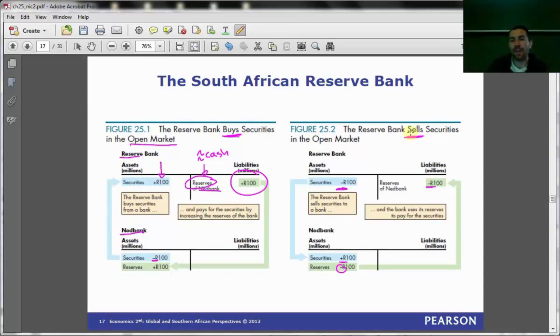If the Reserve Bank sells securities in the open market, what happens to the reserves of the bank? They go down. What happens to the securities that the bank owns? They go up. If reserves go down, that means the banks cannot lend that money, right? They don't have cash anymore. They've spent it. They've bought a bond. They can't loan it out.